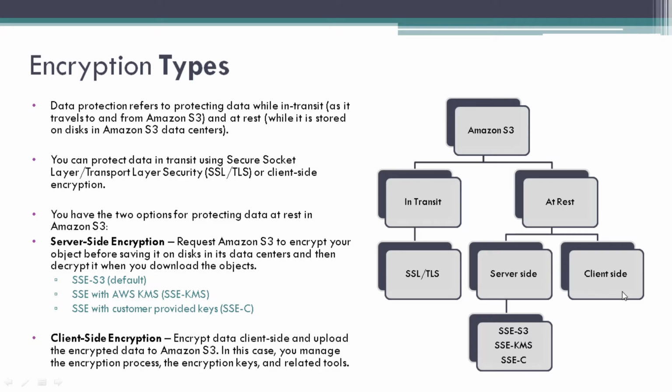For client side encryption, you have to take care of it. In server side, you upload unencrypted data and Amazon S3 will encrypt and decrypt it for you. But in case of the client side option, you have to encrypt your data at your side. Okay, now let's see one by one in detail.